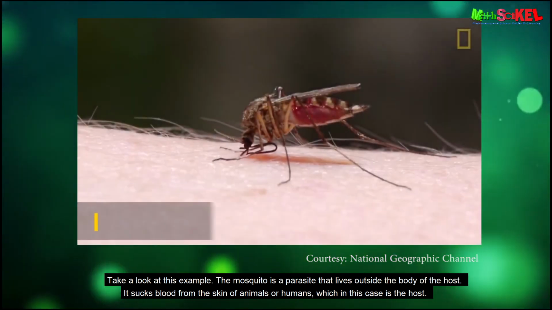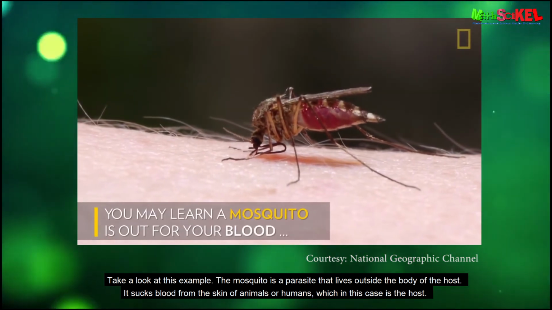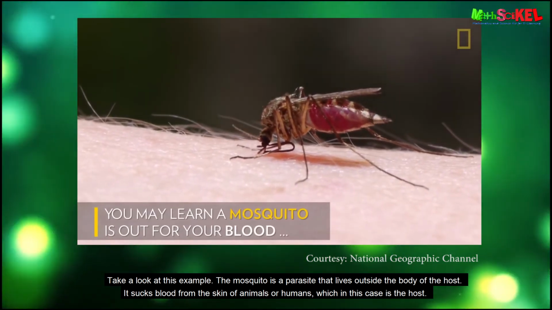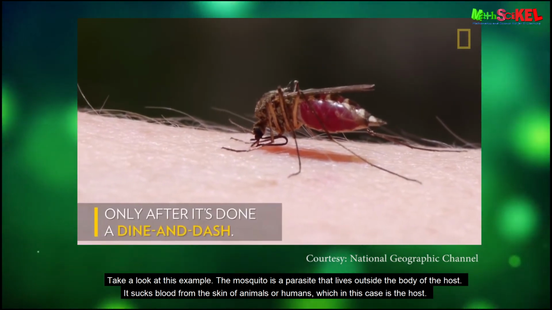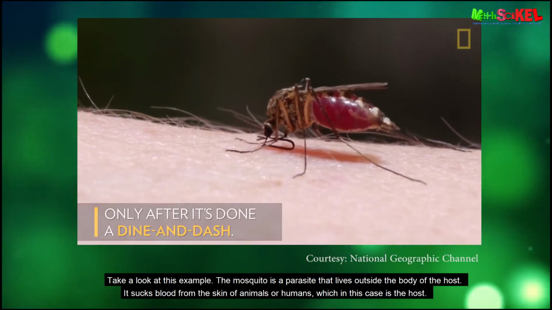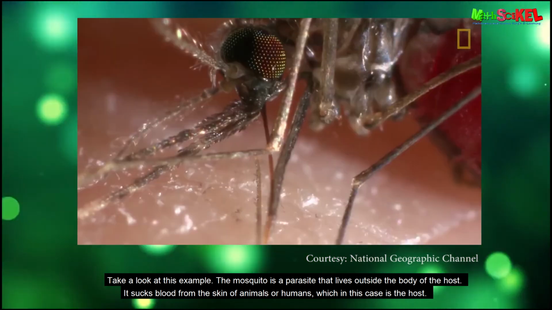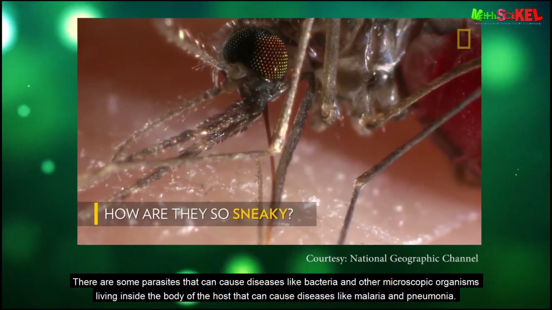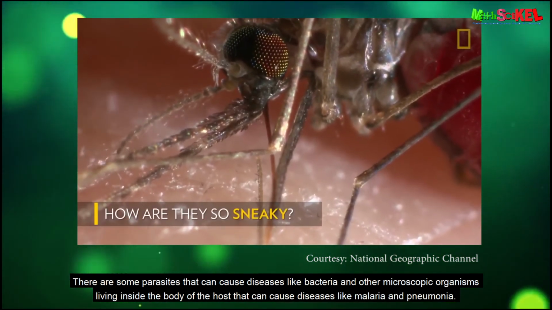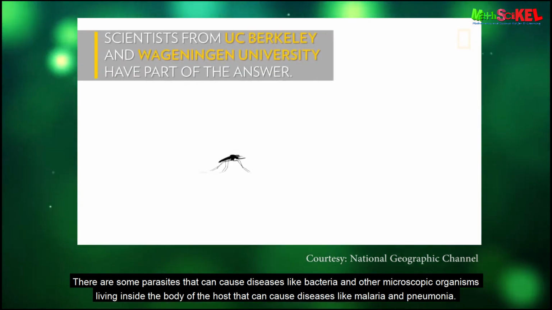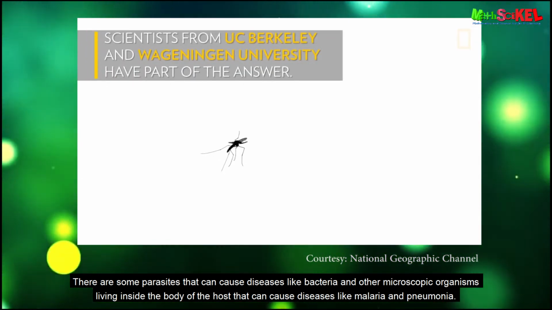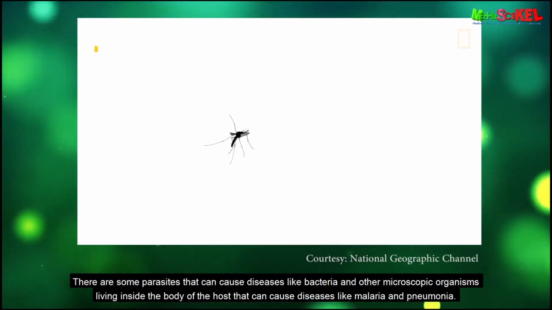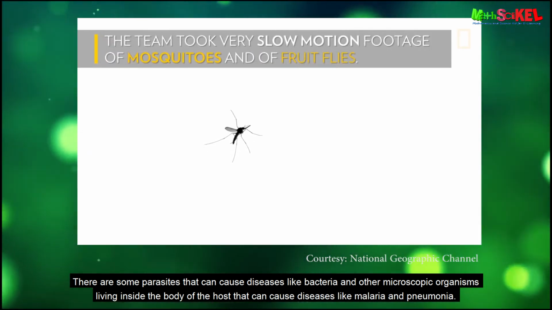Take a look at this example. The mosquito is a parasite that lives outside the body of the host. It sucks blood from the skin of animals or humans, which in this case is the host. There are some parasites, like bacteria and other microscopic organisms living inside the body of the host, that can cause diseases like malaria and pneumonia.